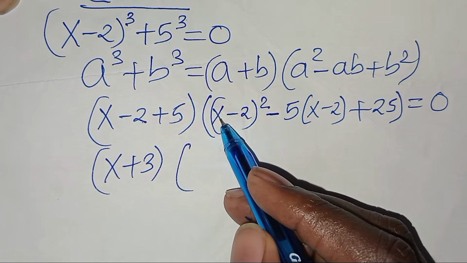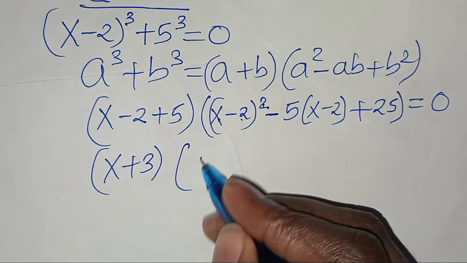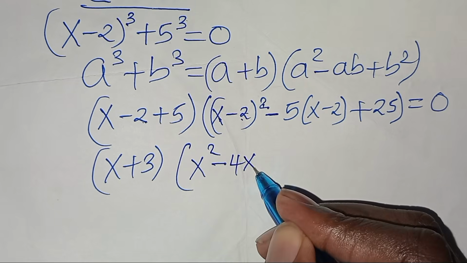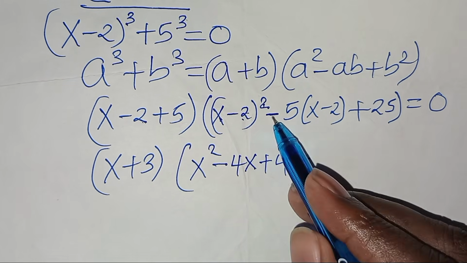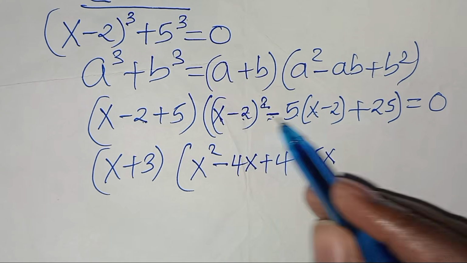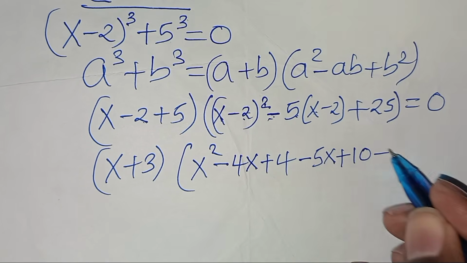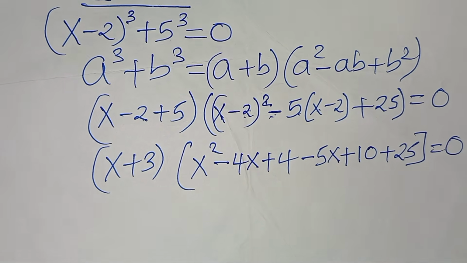And here we have (x - 2)^2, which is x squared - 4x + 4, minus negative 5 times x, this is -5x, then -5 times -2, this is plus 10, then plus 25, equal to 0.